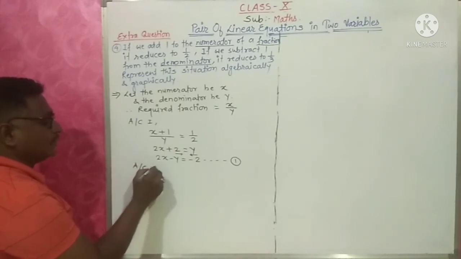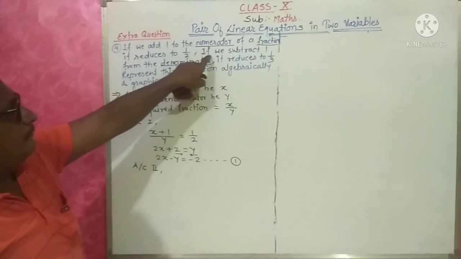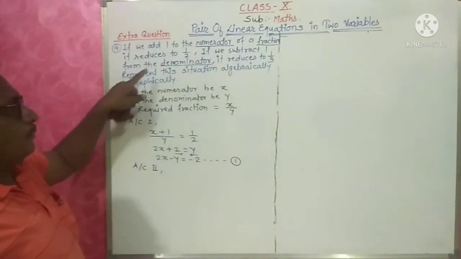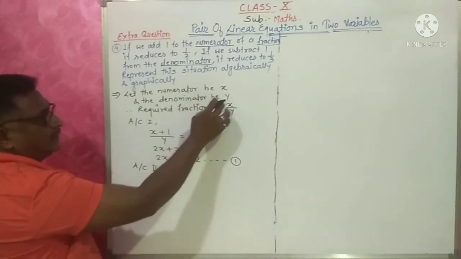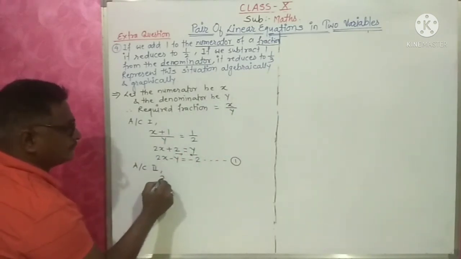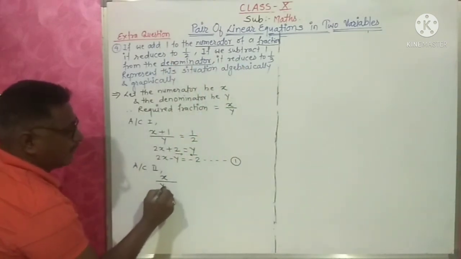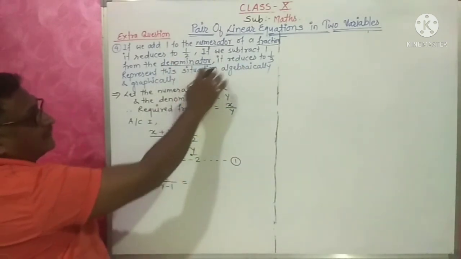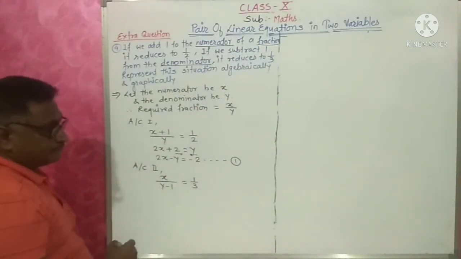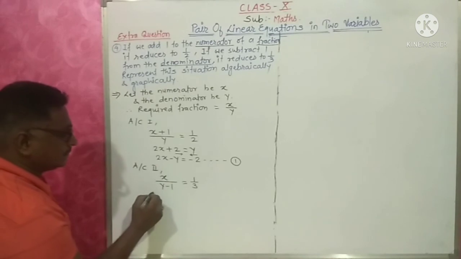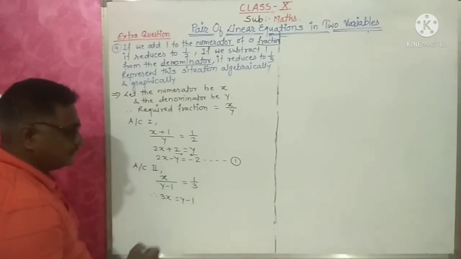Now according to condition 2, if we subtract 1 from the denominator, the numerator is as it is. What is the numerator? x. And we are subtracting 1 from the denominator. So y minus 1. So what will we get? It reduces to 1 by 3. Cross multiplication. 3x equals y minus 1.